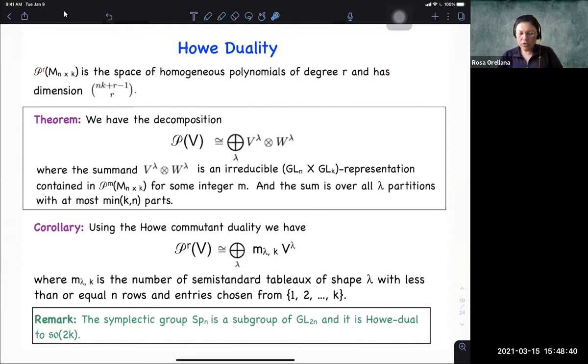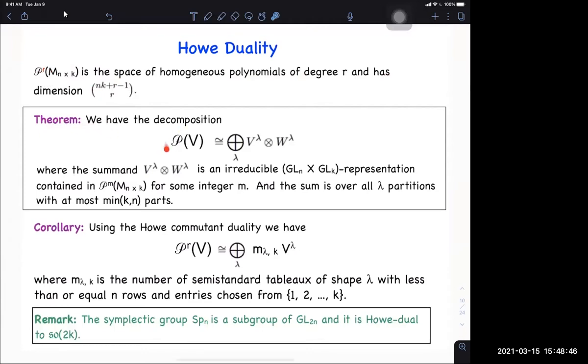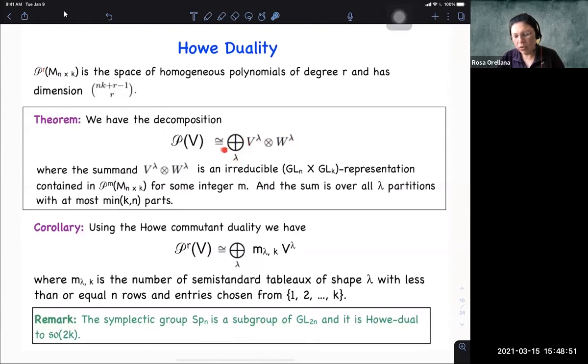There is a theorem in chapter 5 of the book of Goodman and Wallach that tells you this vector space will decompose in the same way, and this is what we are calling Howe duality.